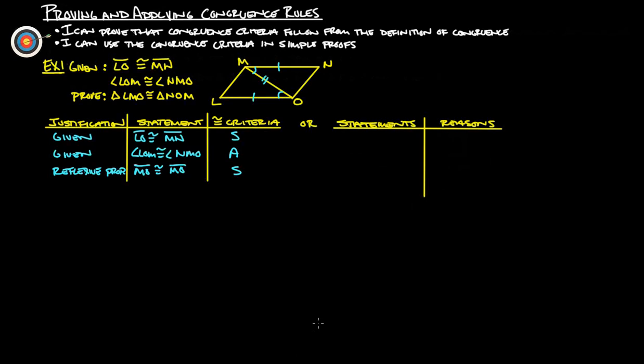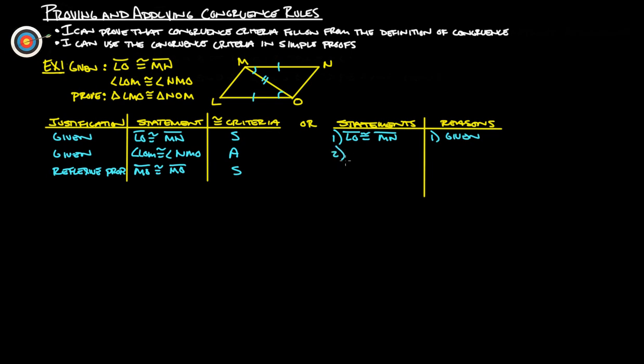All right. So, okay, so two-column proof. First thing, statement. We know that LO is congruent to segment MN. And how do we know that? That is given.